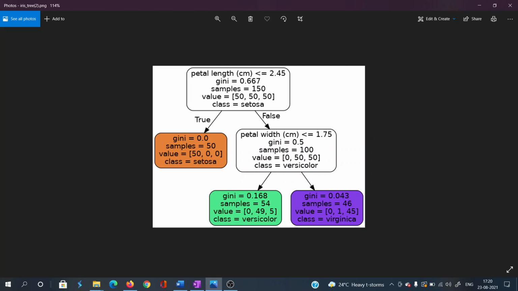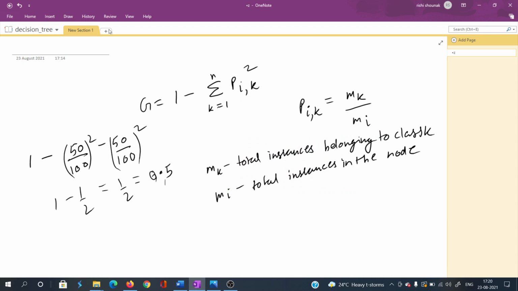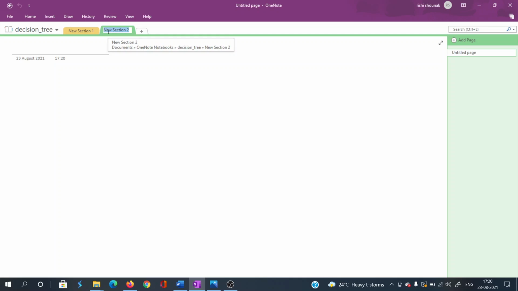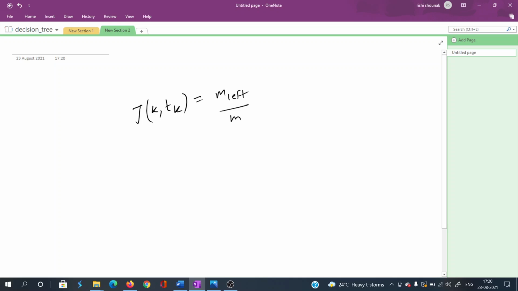So we can see that this Gini value is a measurement of impurity. The lower the impurity, the better the classification is considered, and the cost function that the decision tree algorithm uses is J of k comma tk equal to m left upon m times G left, plus m right upon m times G right.